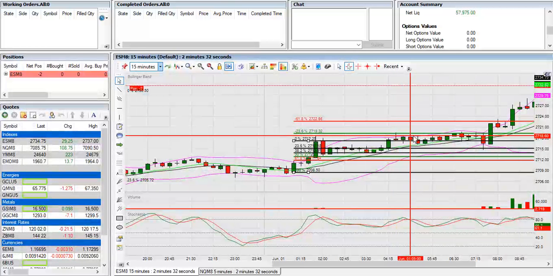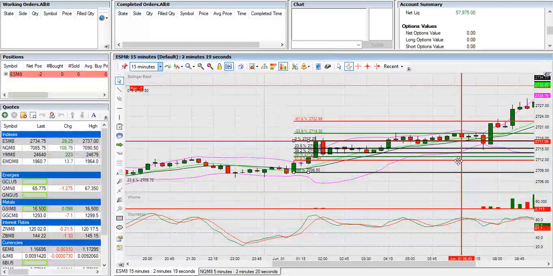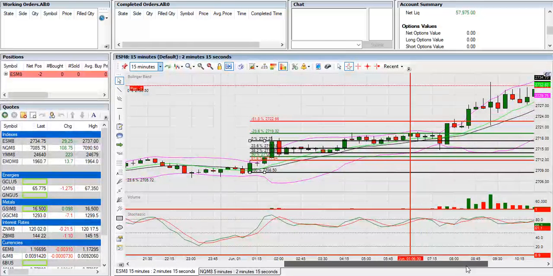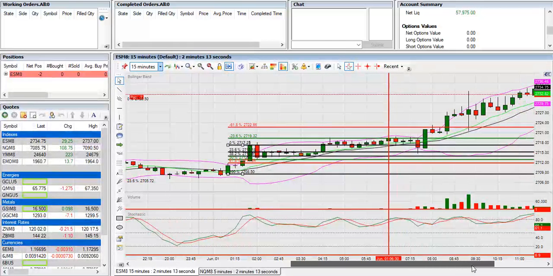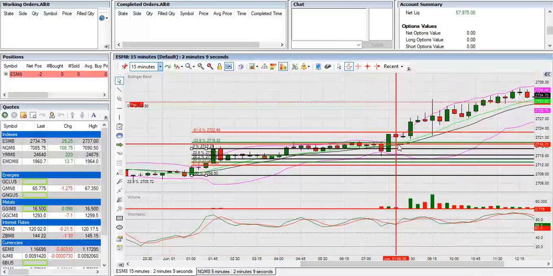If not, then it's going to take a couple more hours, but your order would possibly get filled here or here. So you would exit the trade positive another 5 points. One contract, $200.